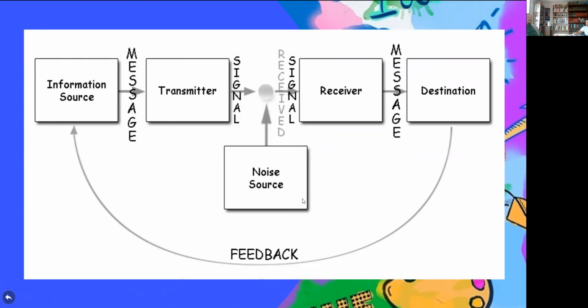So anyway, this is the way we looked at communication for a long time, and I think when I was in undergrad, that's basically what they told me communication was.